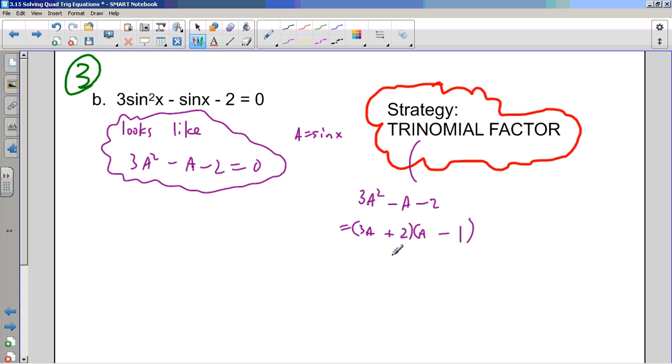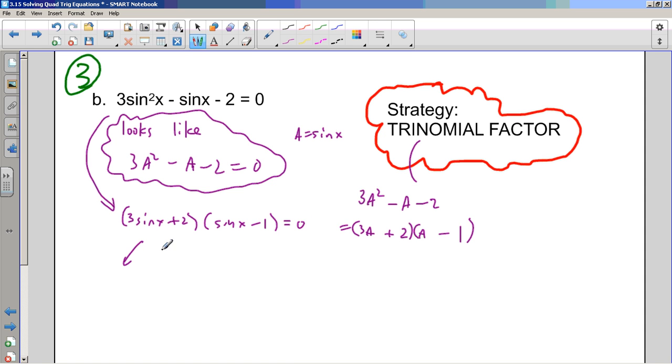Some people will be able to see this as the trig factoring right away, and they won't have to worry about this. This is completely optional and helpful for the folks that wouldn't be able to skip to this step right here, where it's 3 sine x plus 2 and sine x minus 1 equals 0.